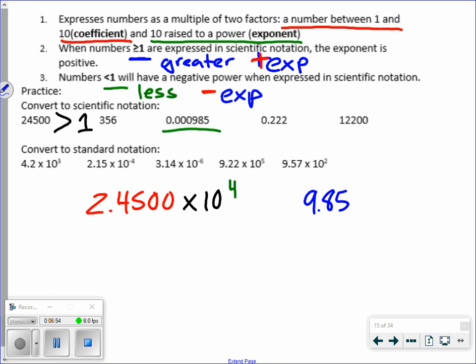I don't have to put the zeros in the front, they're going to go away anyway. CJ, what do you want me to write next? Times 10, fabulous. Positive or negative exponent? Negative exponent because this is less than 1. So it's going to be negative something, and then how many times do we move it? 4 again?